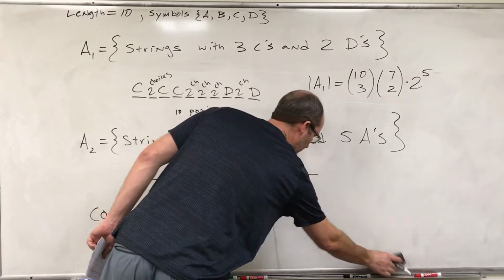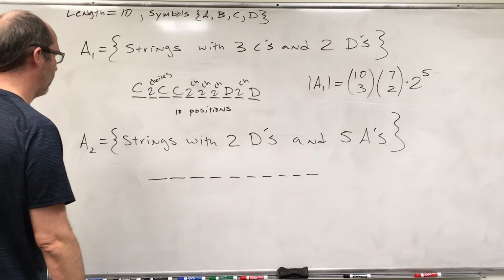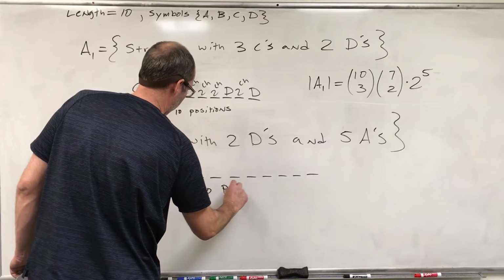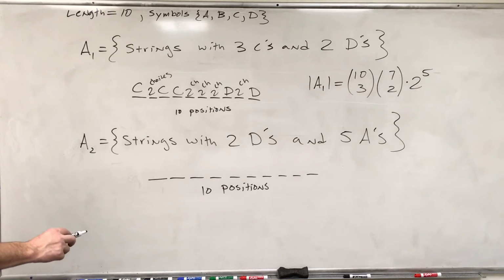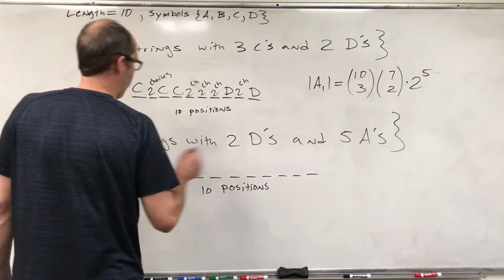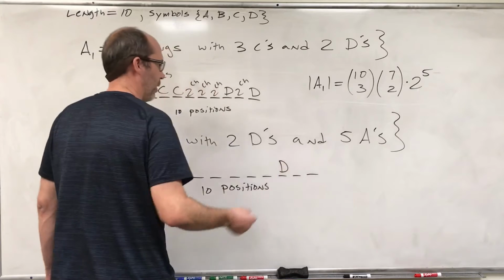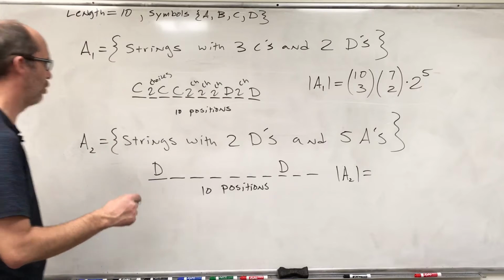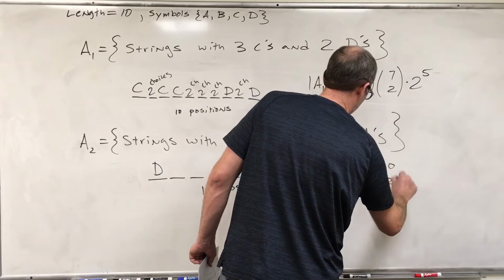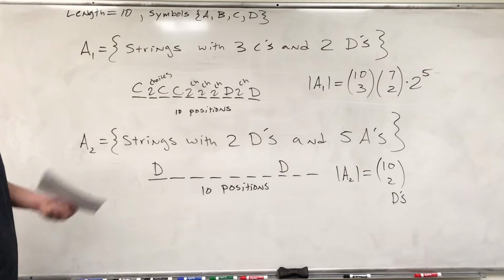Again, 10 positions here. So we got 2 D's, we chose those. Okay, so the cardinality of A2: 10 positions, choose 2 of them to be D's. I should have done that earlier.